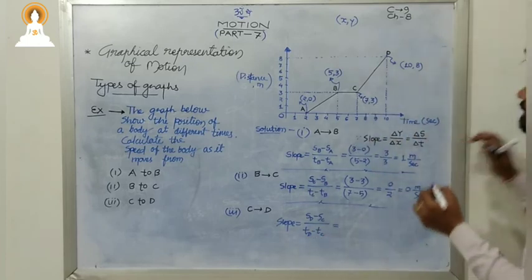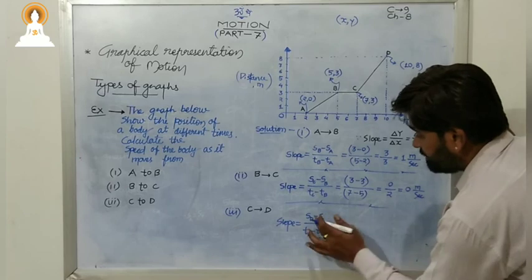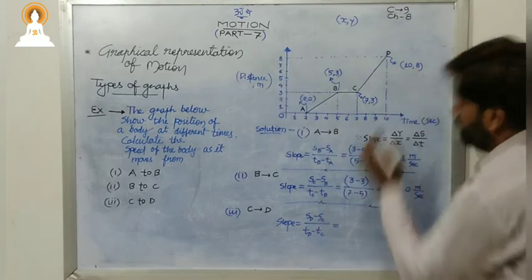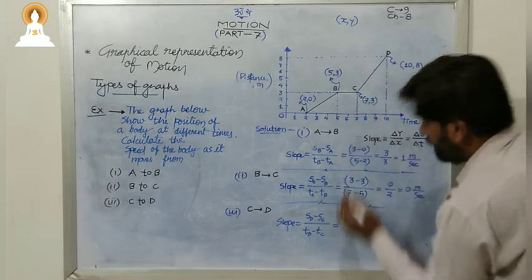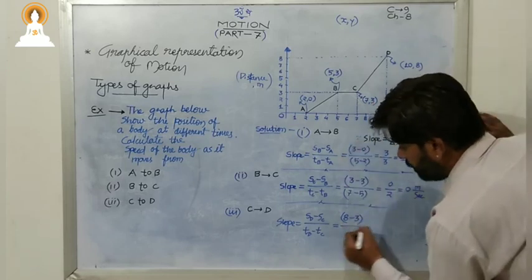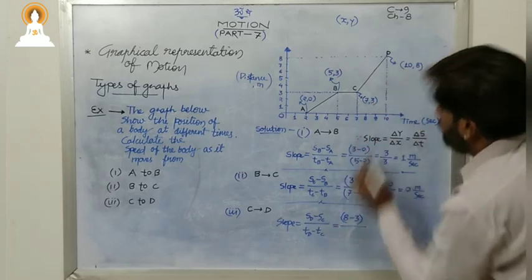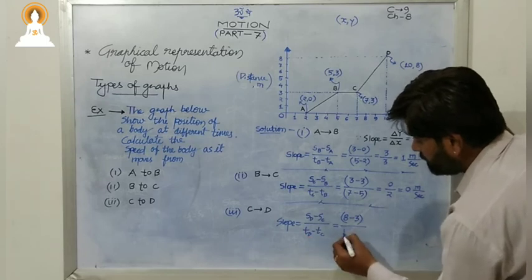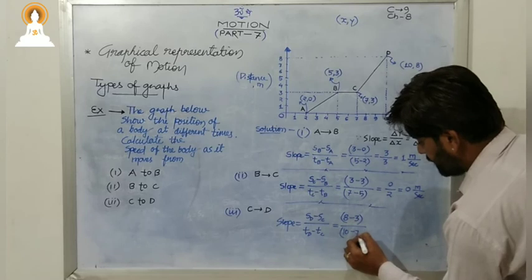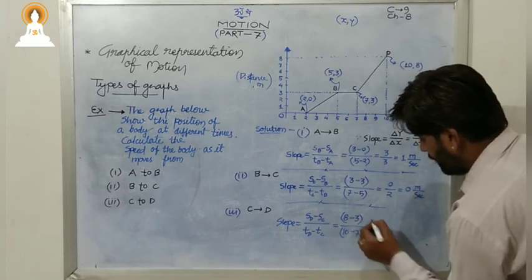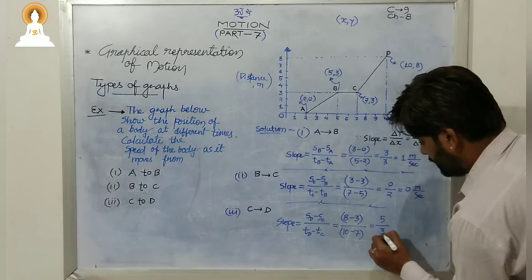SD is the y coordinate 8, minus SC, the y coordinate 3, upon TD, the x coordinate of D, which is 10, minus the x coordinate of C, which is 7. So we have 8 minus 3, 5, upon 10 minus 7, 3, that is 5 by 3 meter per second.